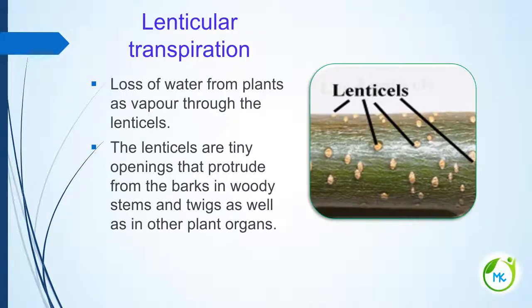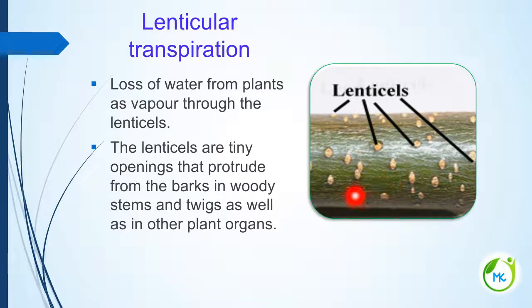The third kind of transpiration is lenticular transpiration, which is nothing but the loss of water from plants as vapor through the lenticels. What are lenticels? Lenticels are tiny openings.